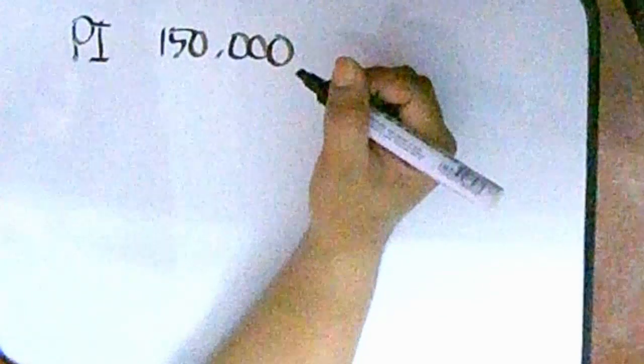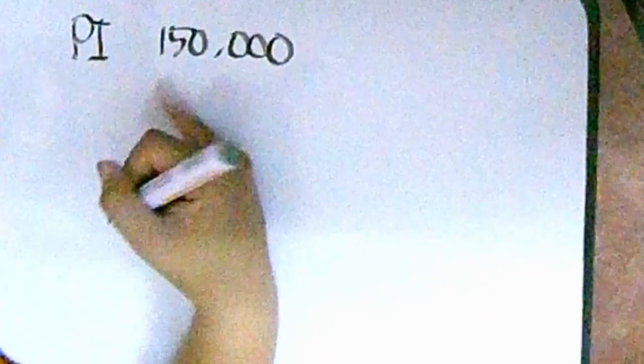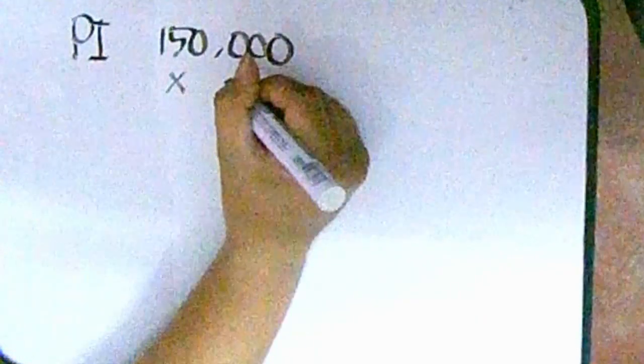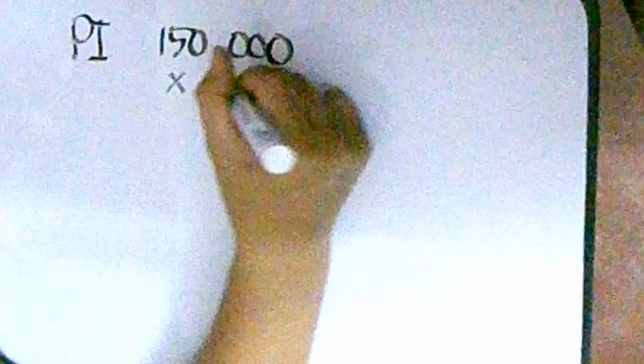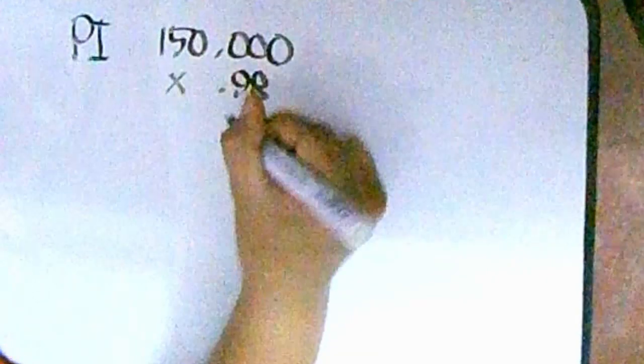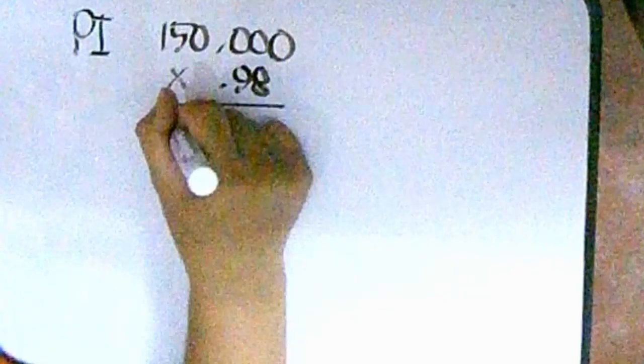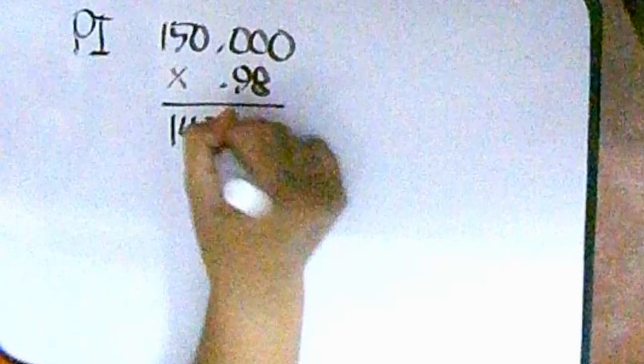So, 150,000, diretso na natin i-multiply sa 98% or 0.98 kasi bawasan ng 2%. So, that is 147,000.